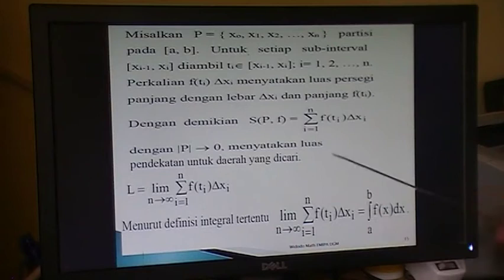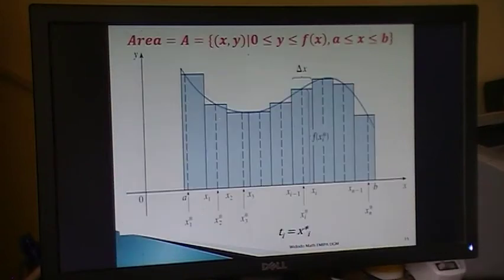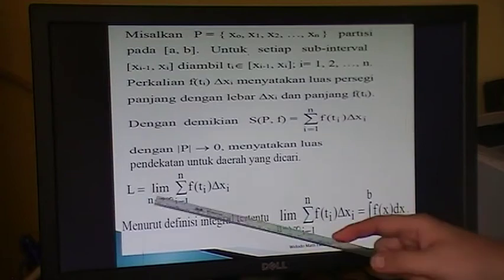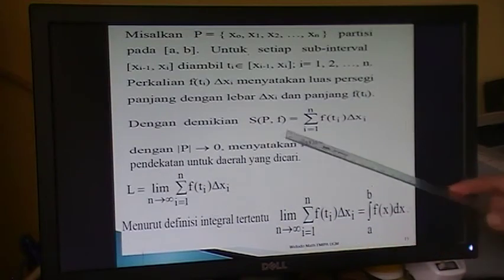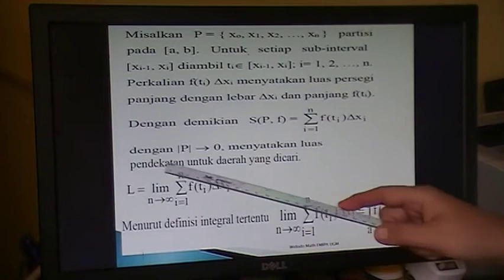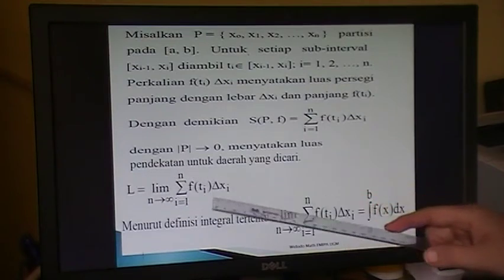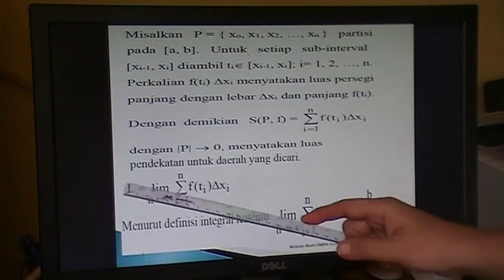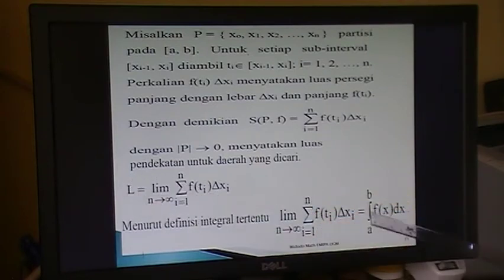So the L, the luas, the area in English, is the limit of S_P f. By using the definition of definite integral, this limit tends to the area of the blue one.